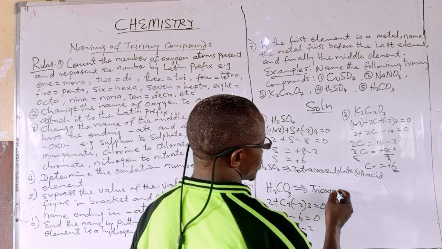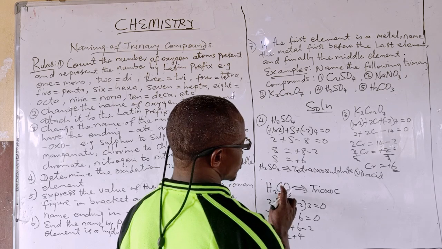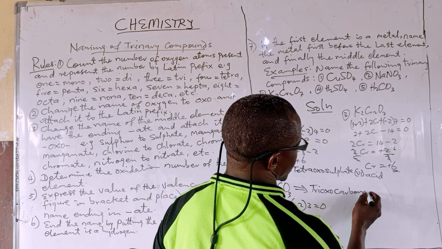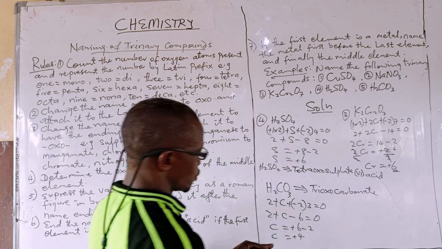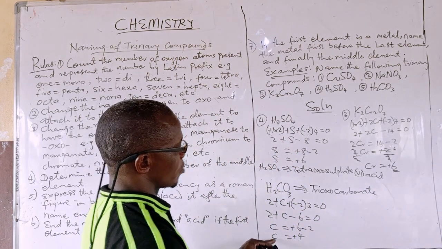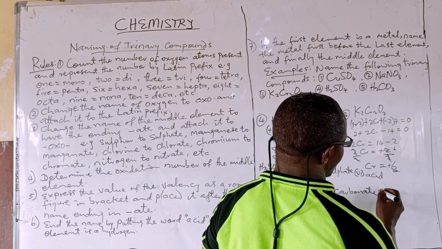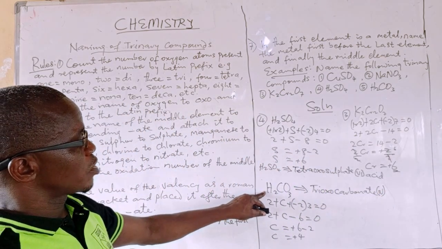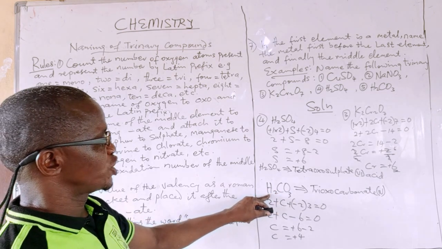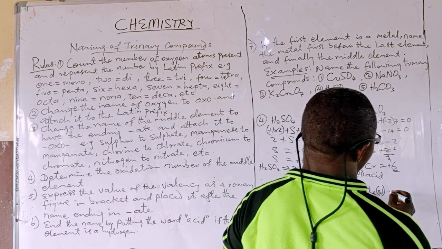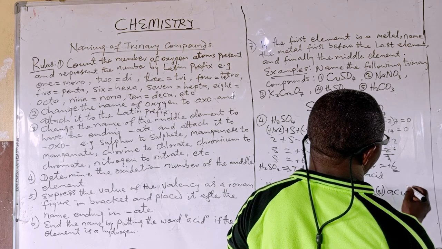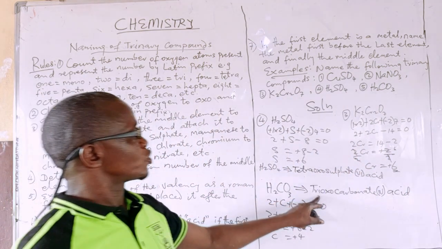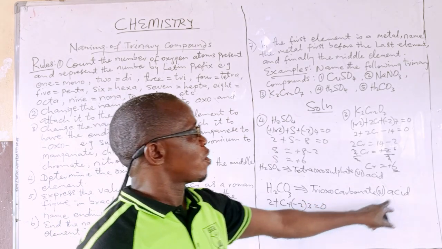Then the next element is carbon, which now turns carbonate. What do you have as the valency of the carbon? 4. Carbonate 4. And being that the compound starts with element H, I will add acid. So that is the name of this compound, trioxocarbonate 4 acid.